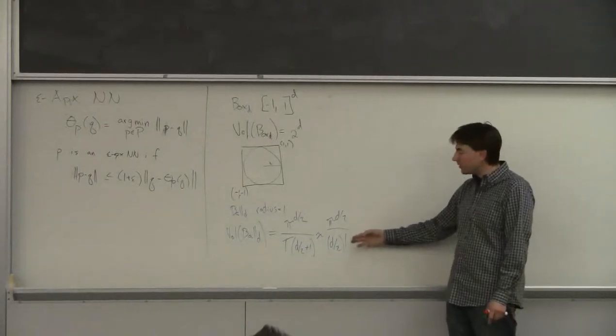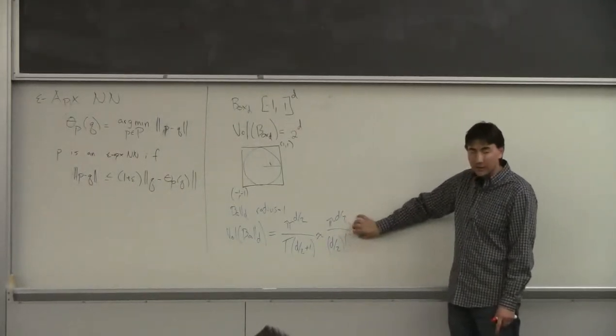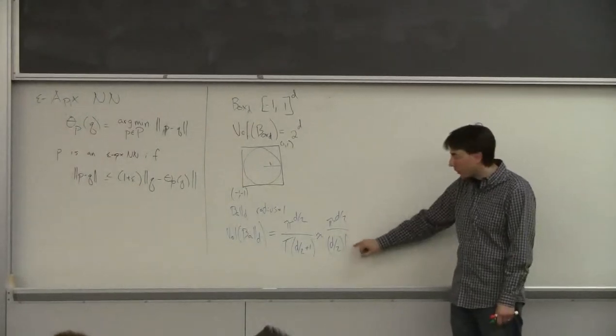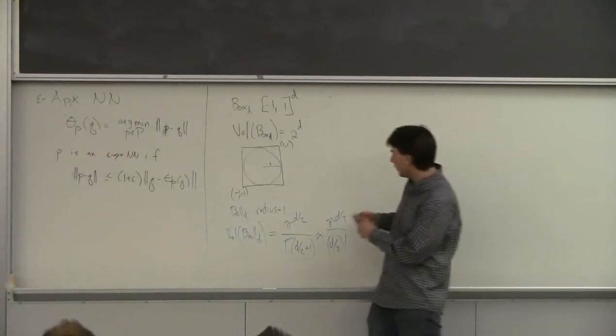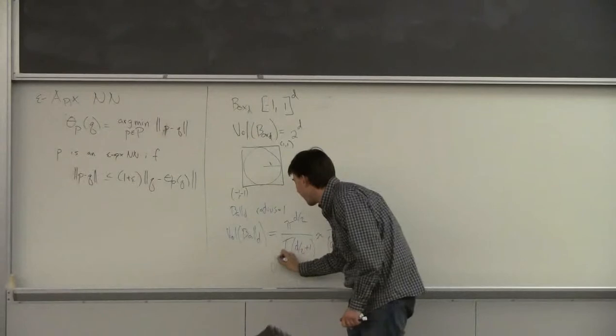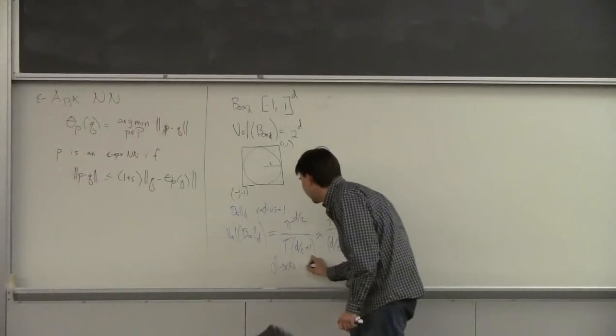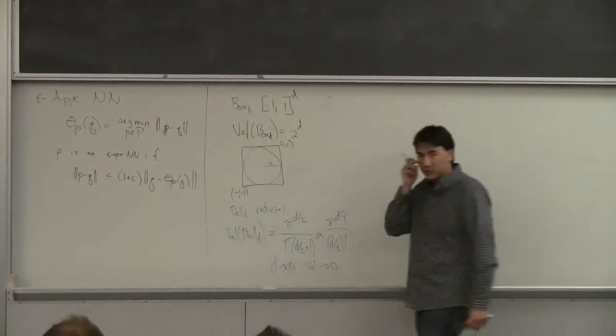So when you get to about d equals 5, this whole value gets up to about 5. It grows from d equals 1 to 5, but then it starts going down. And as d goes to infinity, this volume goes to 0.